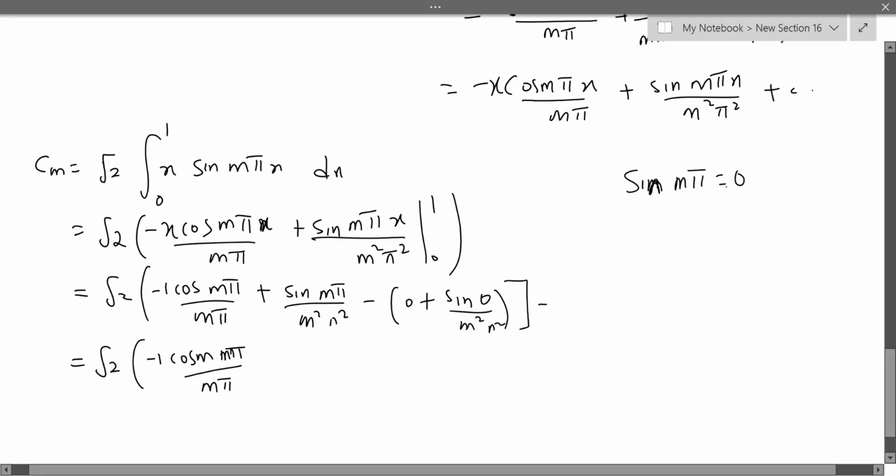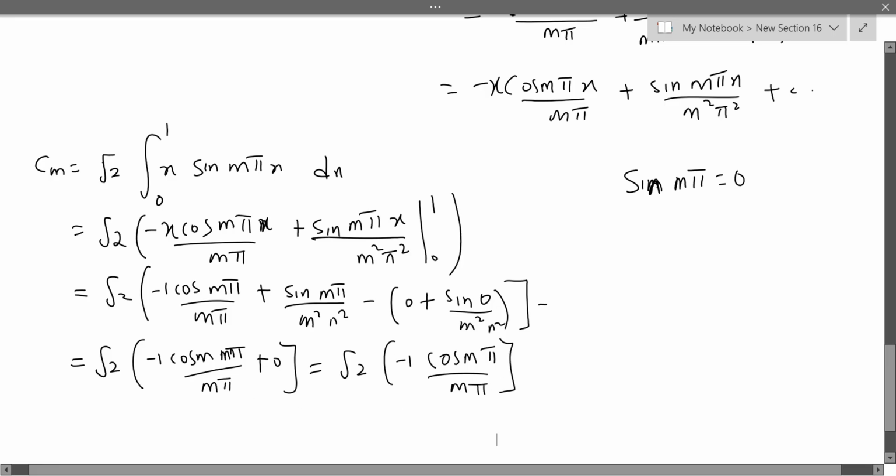Sine pi is 0, so when you say n pi, it is still 0. So n can be 1, can be 2. If you verify with your calculator, you get 0. So this is plus 0. This other one too is 0. So everything there is 0. So we just have root 2 times minus 1 cos n pi over n pi. This is what we get.